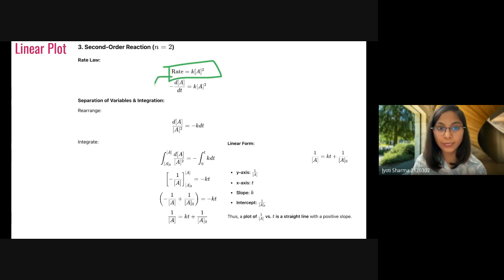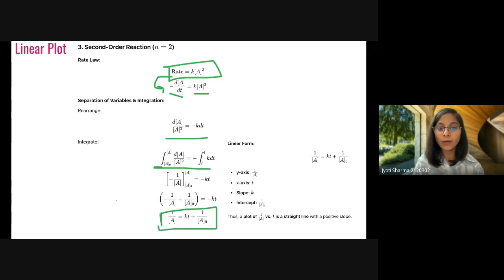Okay, and we know that rate is nothing but change in the concentration of reactant upon time, and this is equal to K multiplied by A raised to power 2. We will rearrange it, then we will do the integration, and after integration, this will be our final equation: 1 by A is equal to KT plus 1 by A0.